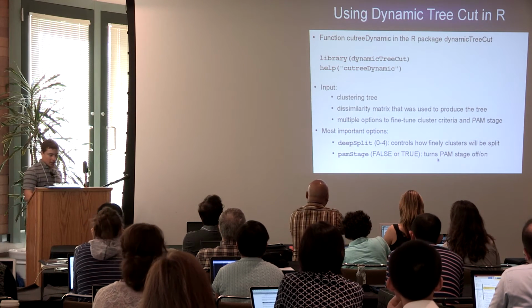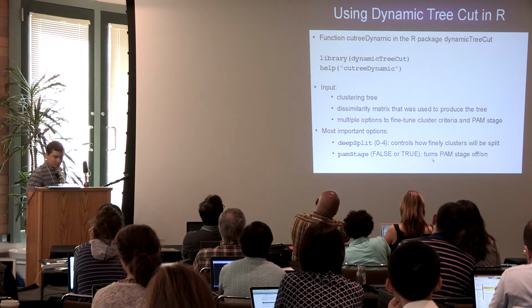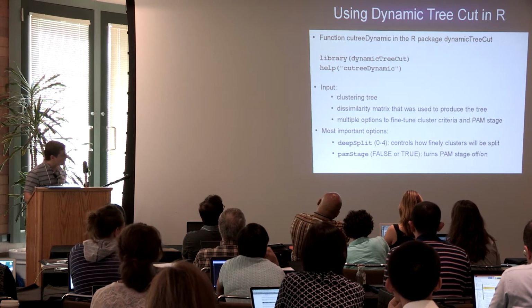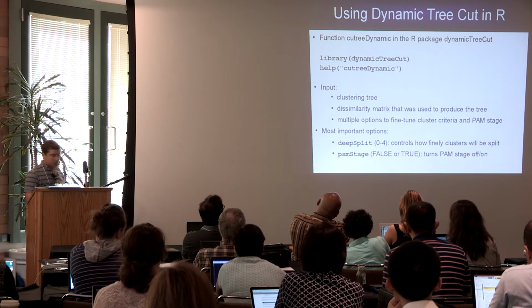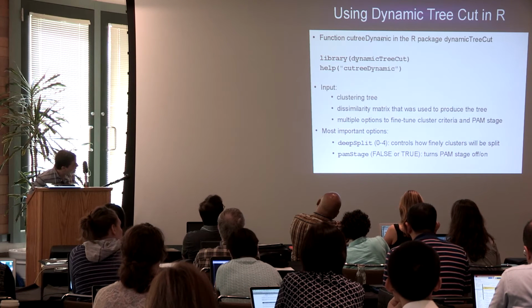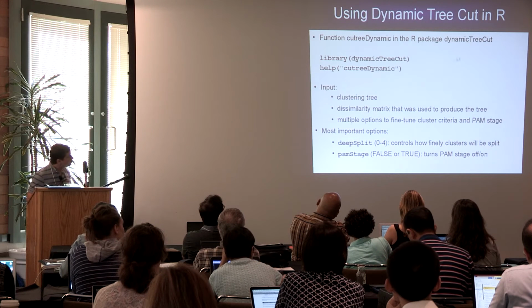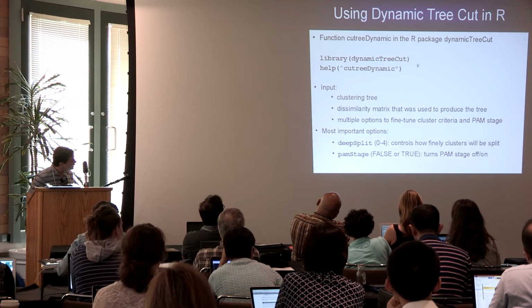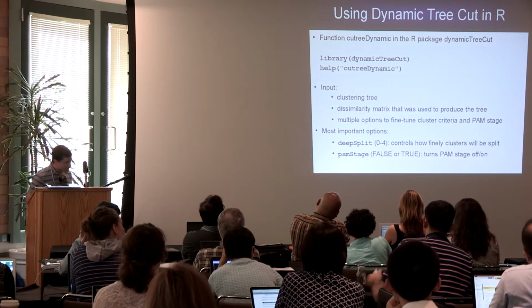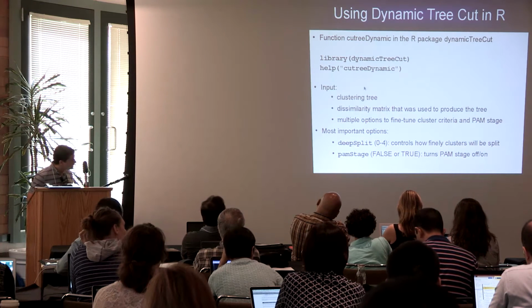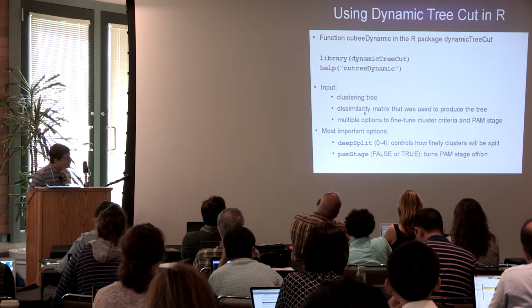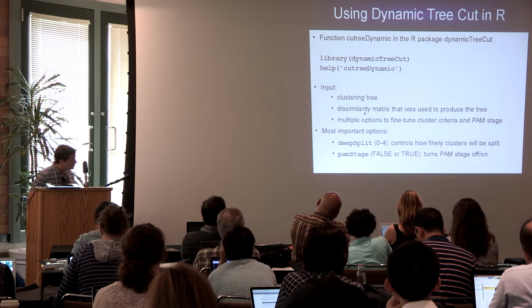Now, if you're running R, the dynamic tree cut method is implemented in the function cutreeDynamic in the package dynamicTreeCut. So if you want to run it, you just say library(dynamicTreeCut) and help(cutreeDynamic). It takes as input the clustering tree. You need the dissimilarity matrix as well.